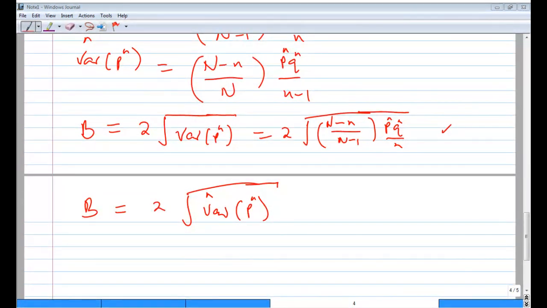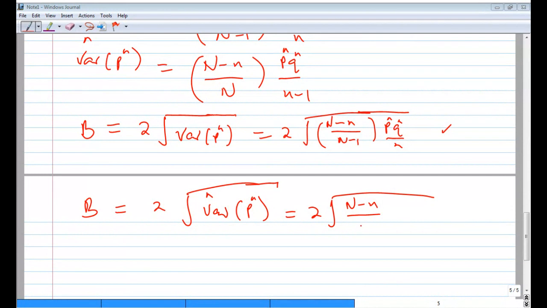Number 2 is the bound on the error of estimation for the estimated population proportion, which is equivalent to 2 times the square root of N minus n divided by N, times p hat q hat over n minus 1. I think you can see the difference between the two.